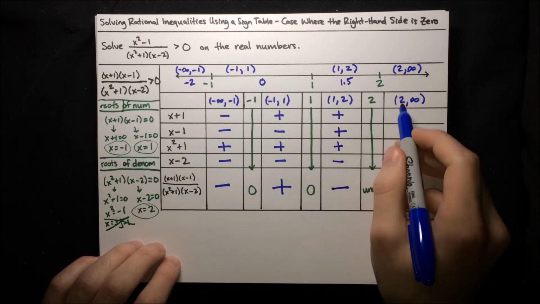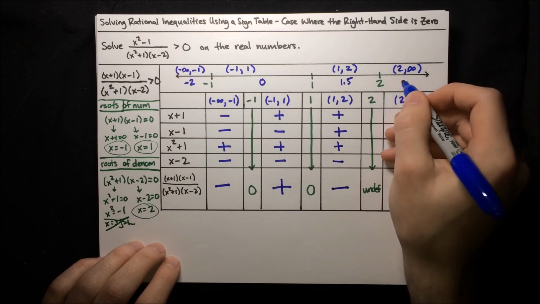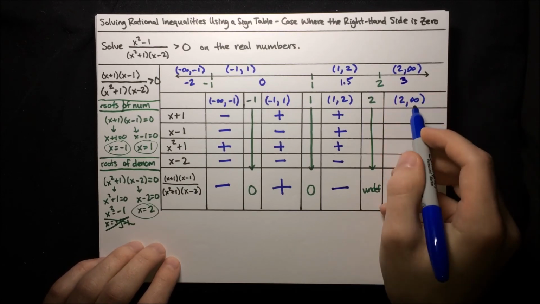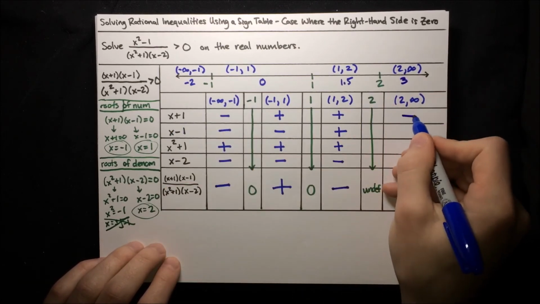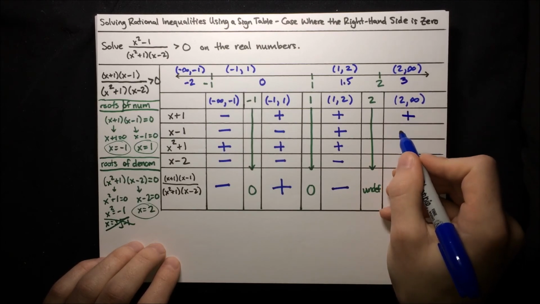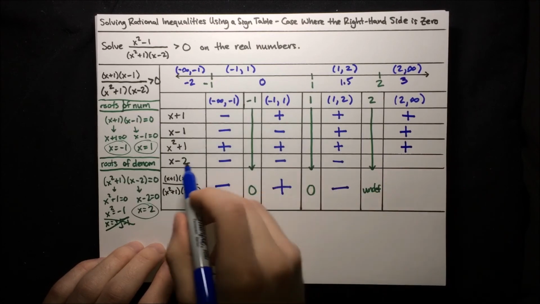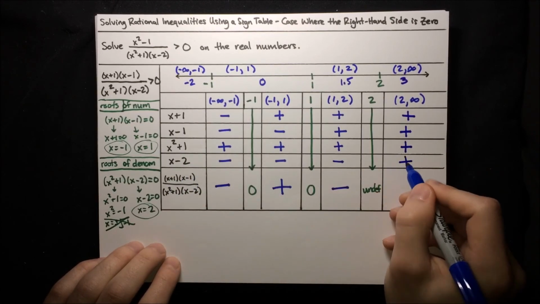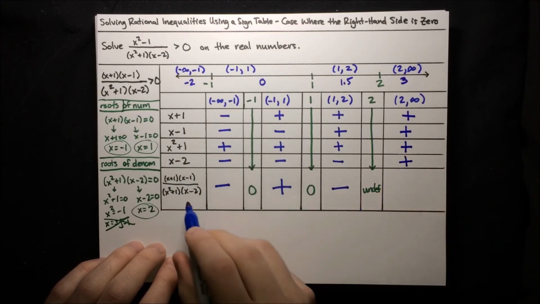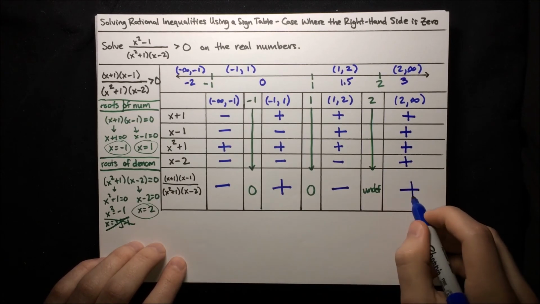And finally, for our last interval, let's choose a test point of 3. 3 plus 1 is positive, 3 minus 1 is positive, 3 squared plus 1 is positive, and 3 minus 2 is positive. Everything's positive, no negative signs, so our expression is going to come out positive.